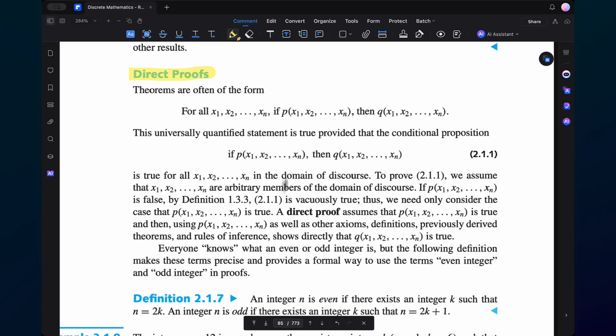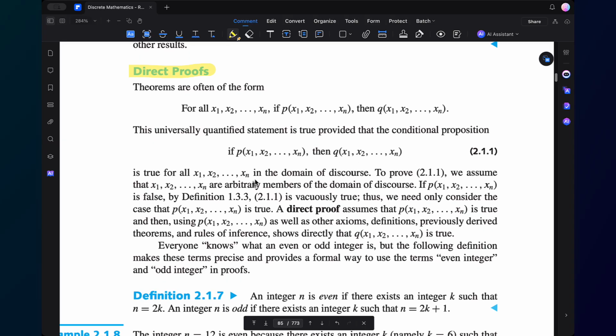So here's the idea. They typically look like this. Theorems are often of the form: for all x1 through xn, if p of x1 through xn, then q of x1 through xn. This is true provided that the conditional proposition is true for all x1 through xn.